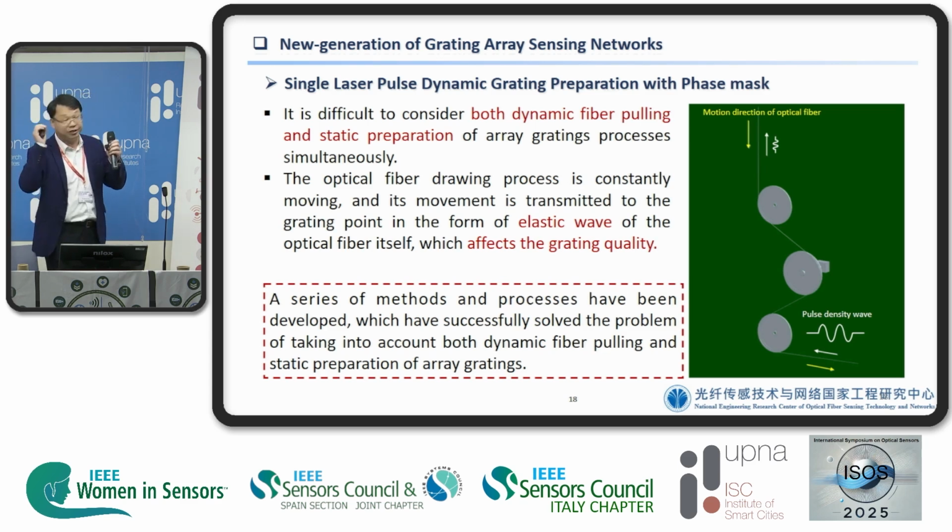The question is that the fiber itself is moving. It's not stationary. It's moving, and then you have to keep the moving fiber as stable as possible, and there are many technological challenges. How to make the gratings uniform, especially here you can use just a single pulse irradiation. That means because it's moving, you cannot make multiple exposures, just one single exposure.